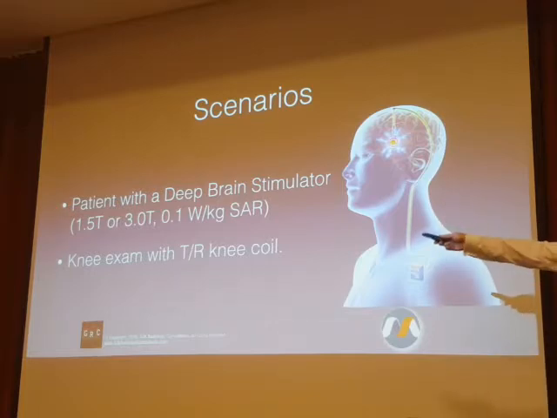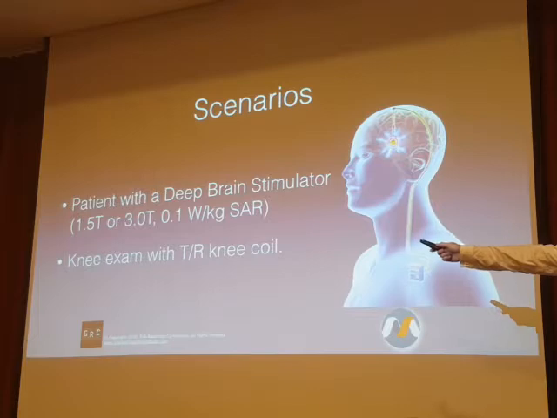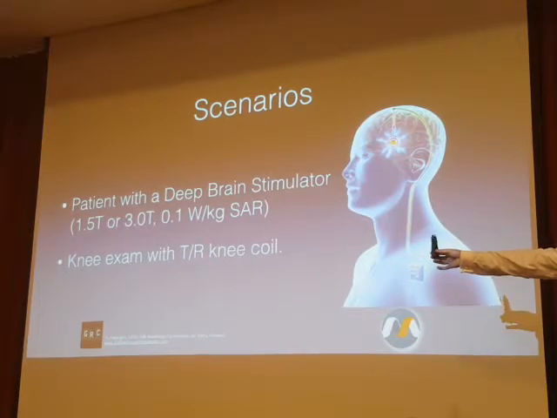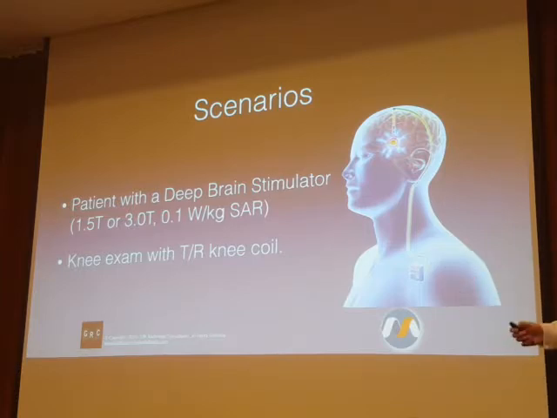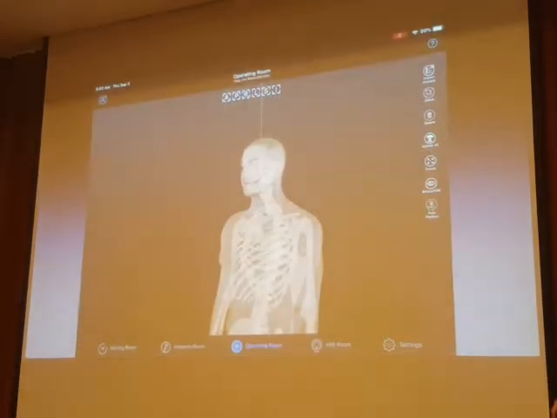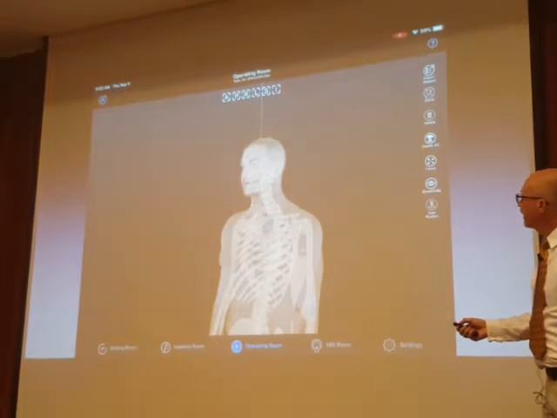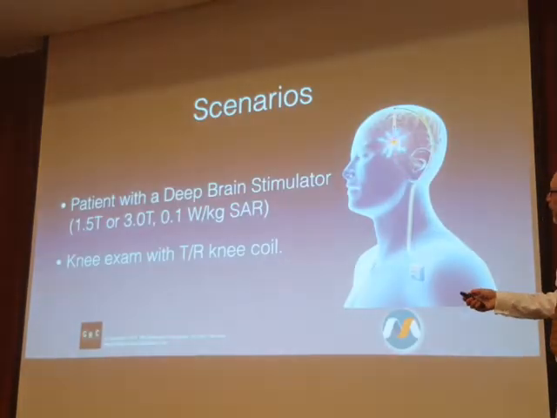How many of you would consider doing an MR study on this patient with a transmit-receive knee coil? About half of you responded yes, you would consider it, and half of you said, no way, I'm not even going to think about it. Now that we've gone through some of this material, oh, sorry, that's my next scenario. I'm jumping ahead of myself.